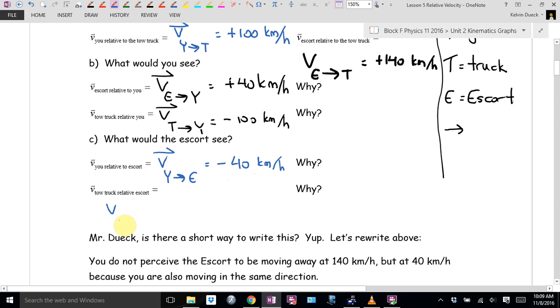And what about the velocity of the tow truck relative to the Escort? Well, first of all, what's the speed difference between them? 140. That's going to be the magnitude. What about a velocity? Well, again, as far as the Escort is concerned, if it was standing still, it sees the tow truck receding backwards in the distance.